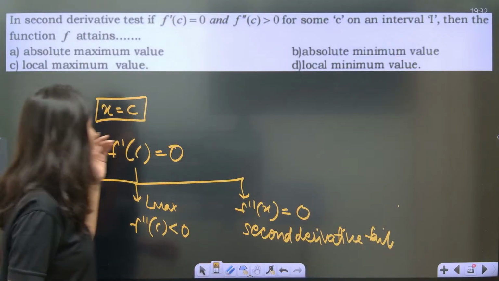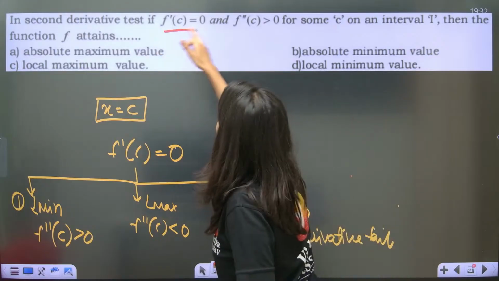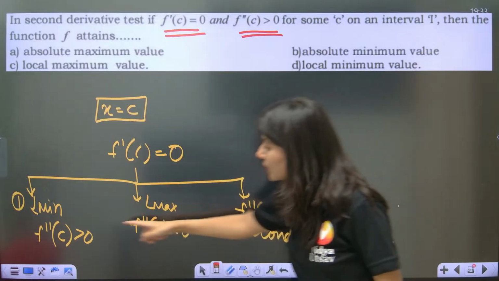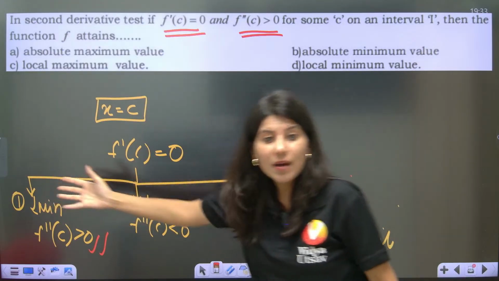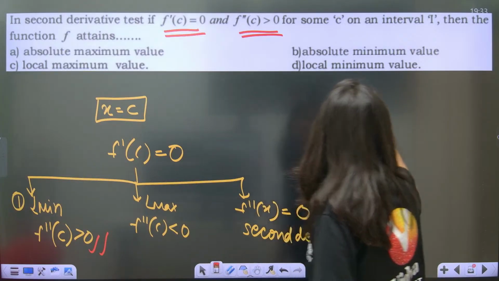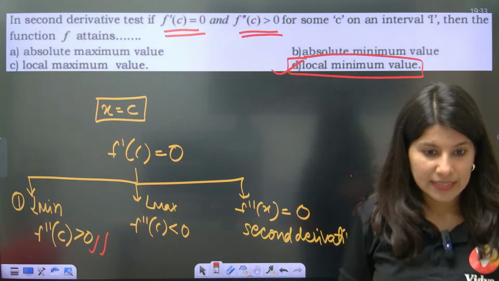If your f dash c is equal to 0 and your double derivative is positive, then this is a clear-cut case of local minima. So double derivative positive means local minima. Local minima is option D. Absolutely correct. Yes?